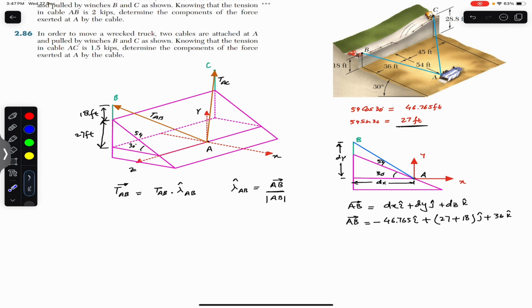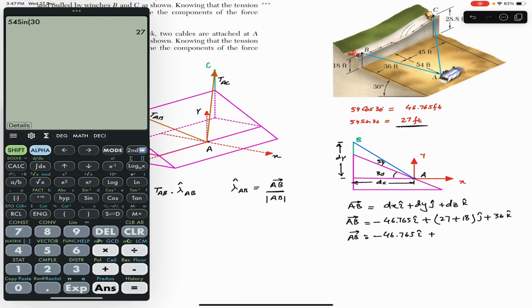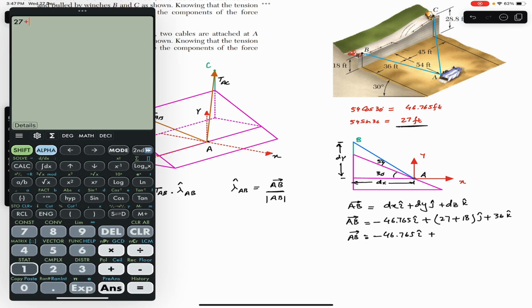Now we can write that the position vector from A to B is minus 46.765 i plus 27 plus 18, 45 j, and plus 36 k.